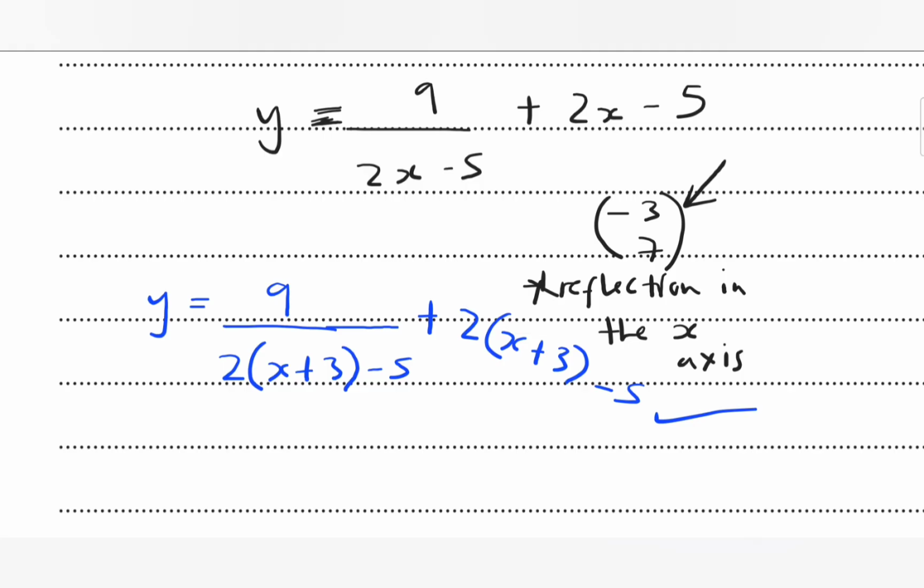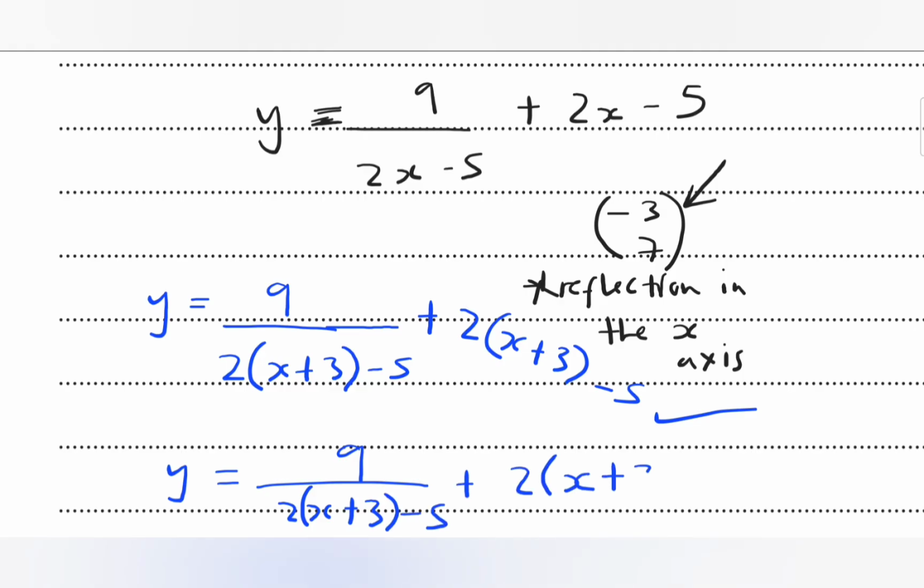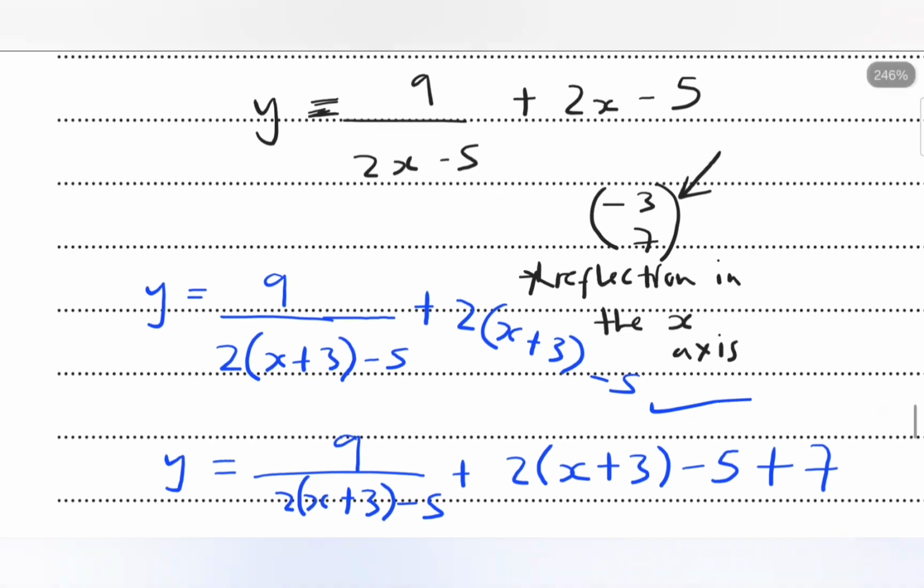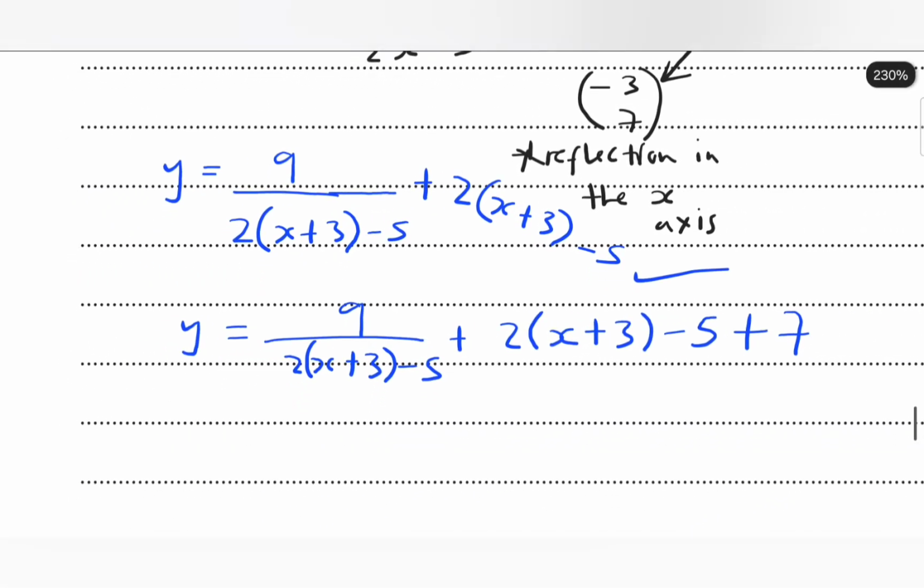And applying the second one on the y, which is 7, this will be y equals 9 over 2 bracket x plus 3 minus 5, plus 2 bracket x plus 3 minus 5, plus 7. So for y, we just add, no need to multiply by minus 1.